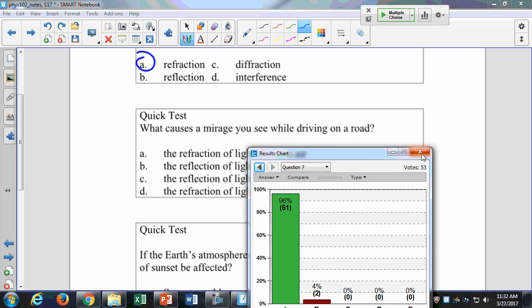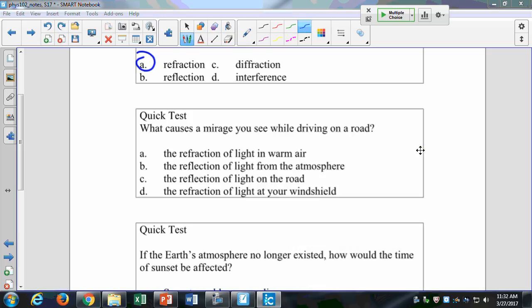All right, very good. A is the right answer. It's the refraction of light in warm or hot air. It's not a reflection, and it's not the refraction of light at your windshield either. It's the refraction of light in the warm air.